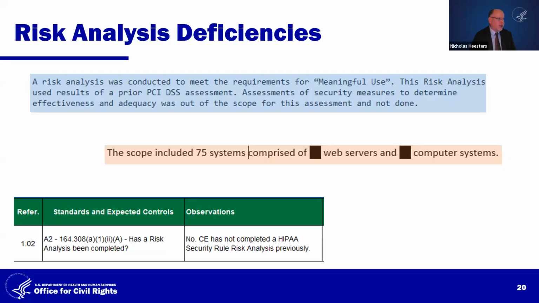Our last one on here to talk about is kind of an interesting one. It gets into having a HIPAA security rule compliance gap analysis versus a HIPAA security rule risk analysis. And some of this could be dependent on what the organization asks for.